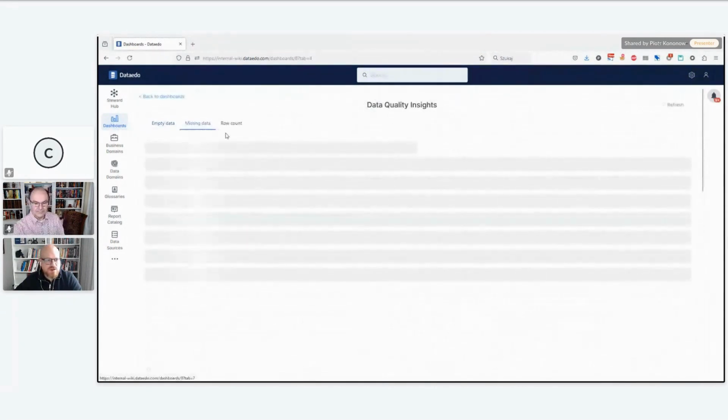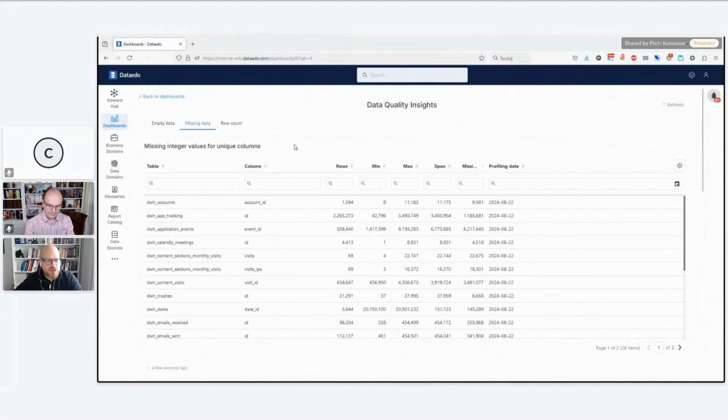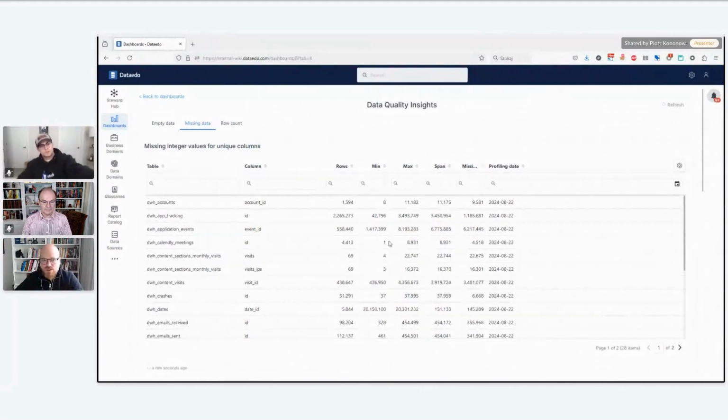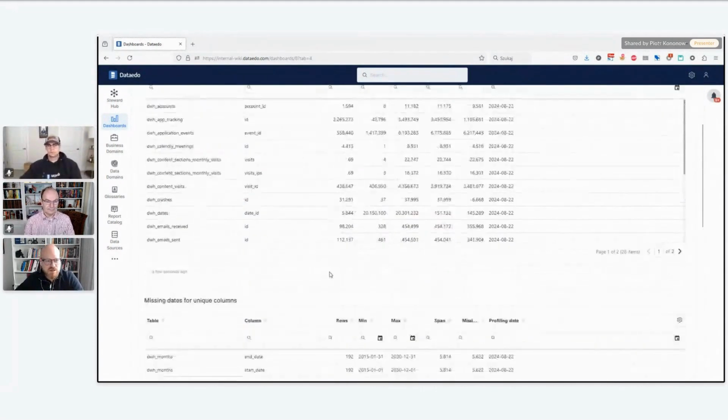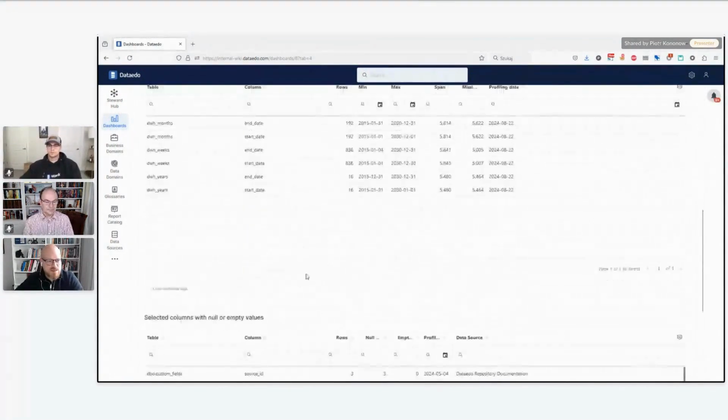The next section shows you potentially missing data. So if you have an integer, things like an ID, and there's a min and max, but there are some missing values, you can see those columns here. For instance, maybe some rows were deleted, and that's not desirable. Same for dates.